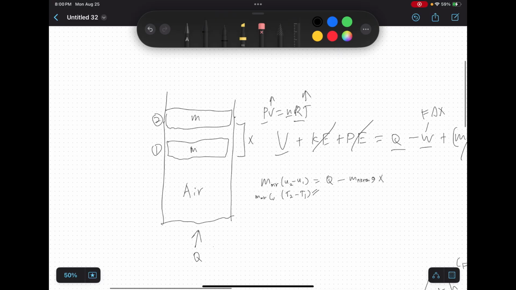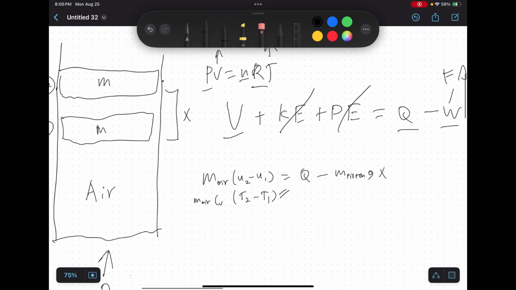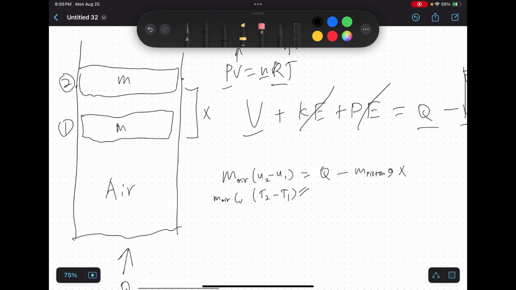So if you add heat and you know the starting and final temperatures, you can say how much the piston went up. Very cool.